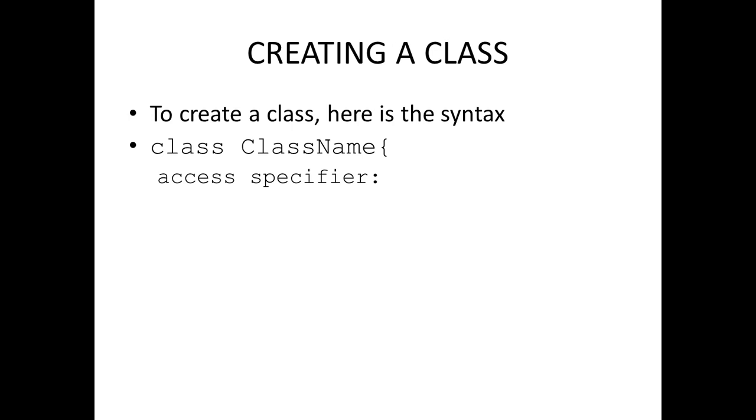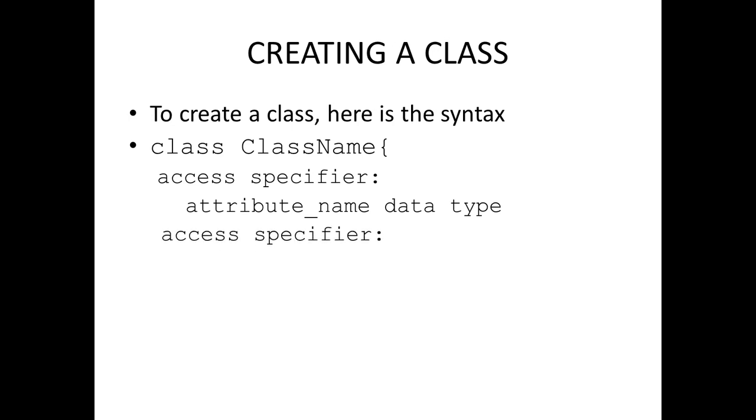So after the class name, the next thing that usually follows is the access specifier. Then after the access specifier, you now begin to list your attributes or your properties. The order is the data type of the attribute, followed by the name of the attribute.